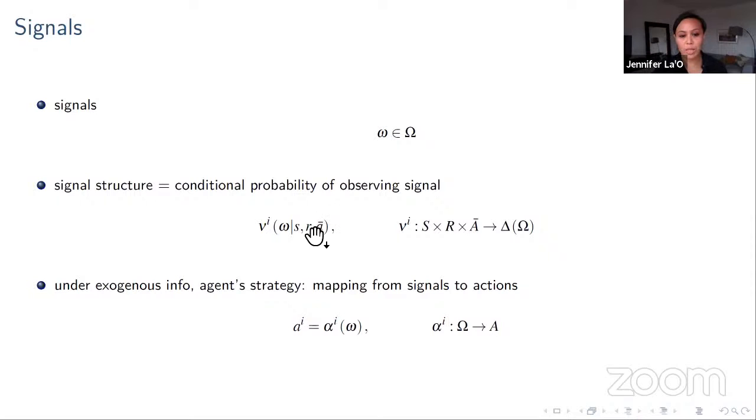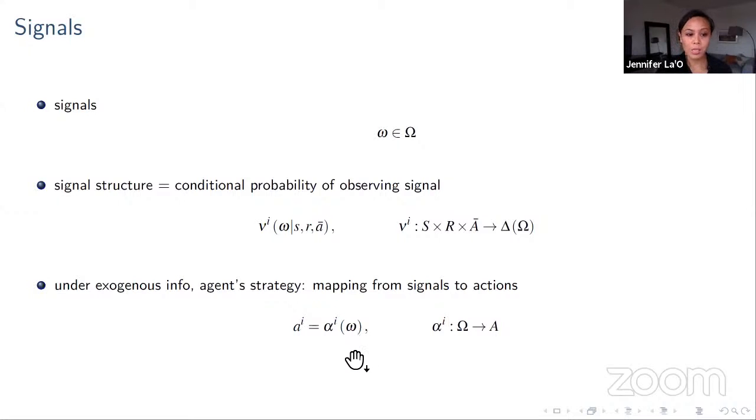It's in this way that agents can potentially track R or track the aggregate action A bar. In exogenous information games, an agent's strategy is simply a mapping from these signals to actions. We could call this mapping alpha. If I observe omega, I play a_i.